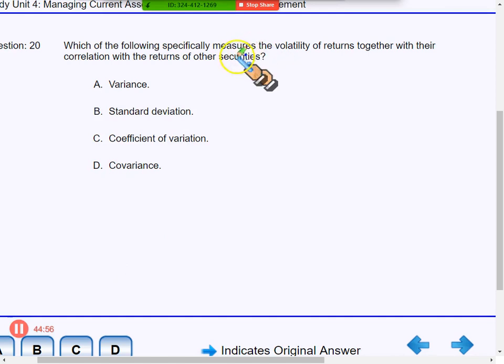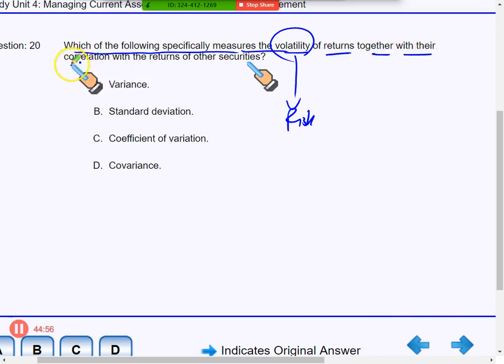Since it is talking about dependent returns, variance is either for a single stock or for a group of stocks. This question is specifically asking which measures the volatility, which is a measure of risk, by the way, of returns together with their correlation with the returns of other securities.